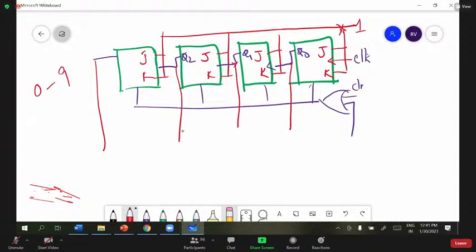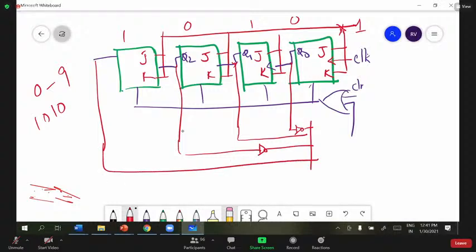You should not count 1010. That means wherever zeros are there, I have a NOT gate. So 0 means you put an inverter, and simply use a 4-input AND gate and connect this. That's it. Initially you make clear equal to 1 and reset all the flip-flops. Afterwards you put this as 0, so everywhere 0, then it starts counting.